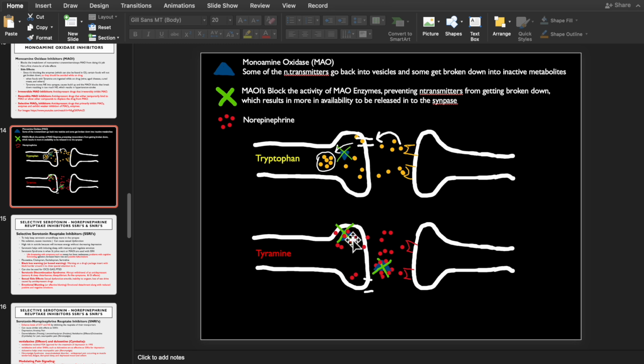The enzymes are what block the neurotransmitters, which are these little red dots, to get into the synapse, because the synapse is where the neurotransmitters go to work. Usually, for somebody with depression, the enzymes will block a lot of the neurotransmitters from going or staying in the synapse.